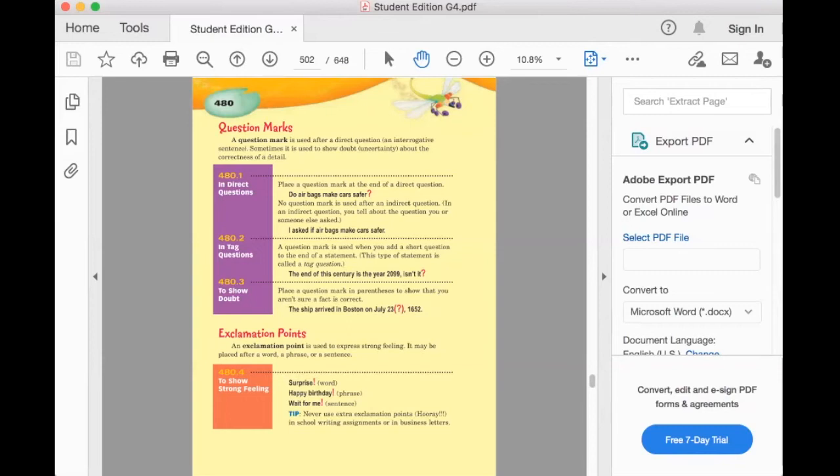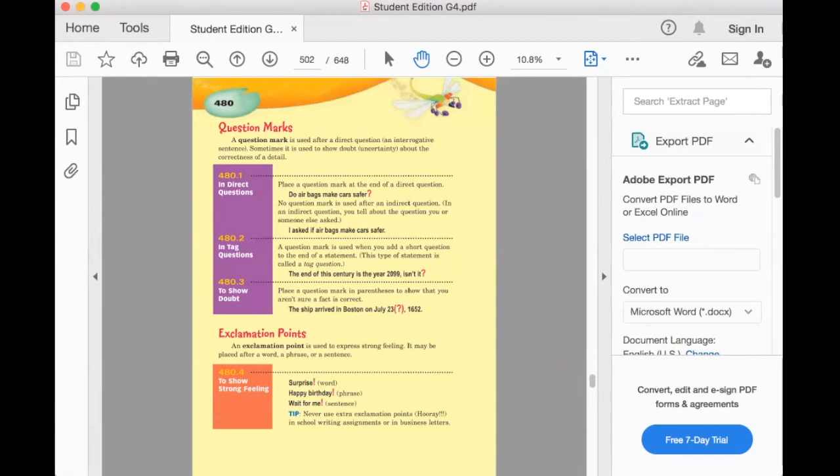Question marks. A question mark is used after a direct question, an interrogative sentence. Sometimes it is used to show doubt, uncertainty about the correctness of a detail. In direct questions, place a question mark at the end of a direct question.